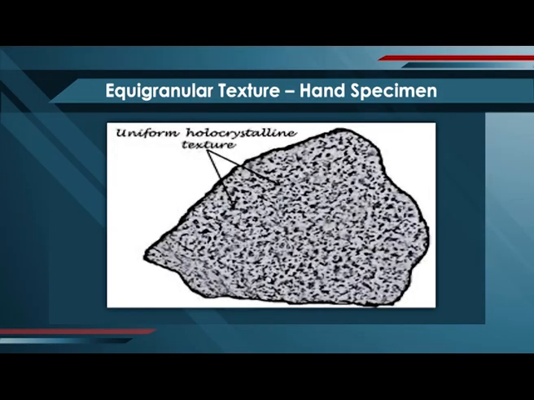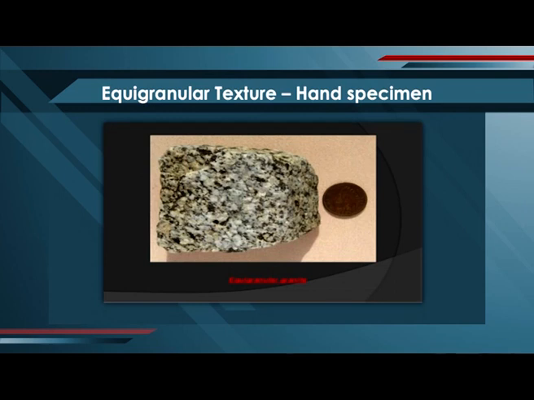Now, we have a figure showing the hand specimen of an equigranular texture, and it is a holocrystalline rock. Here you can see that the grains are more or less of equal or similar size. Equigranular texture in hand specimen again shows a number of grains, maybe quartz, feldspar, and some dark minerals, maybe amphibole and mica.